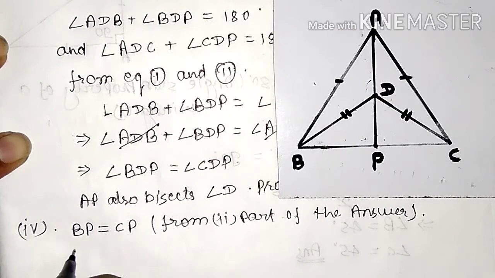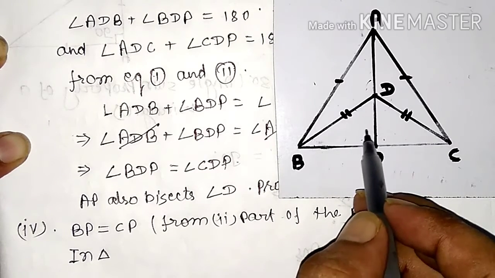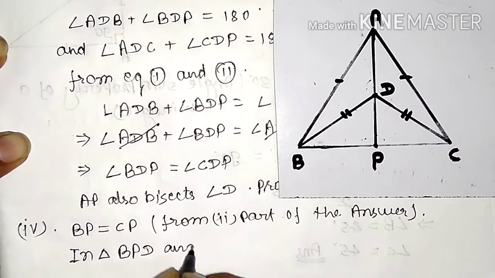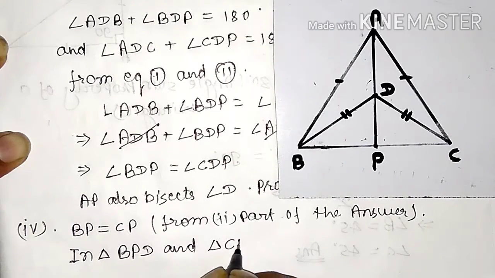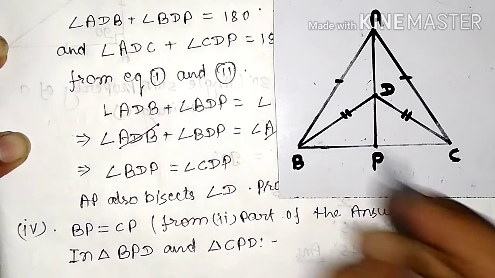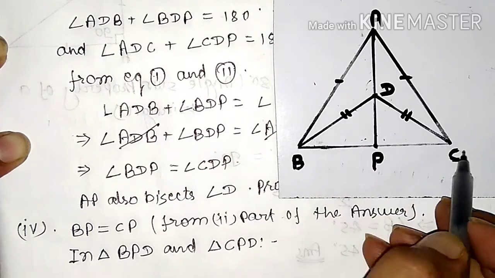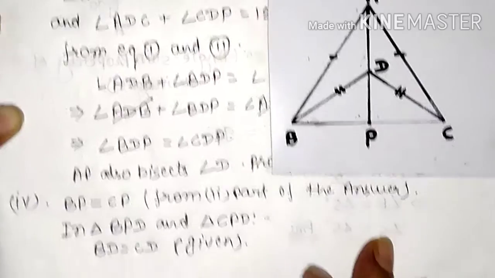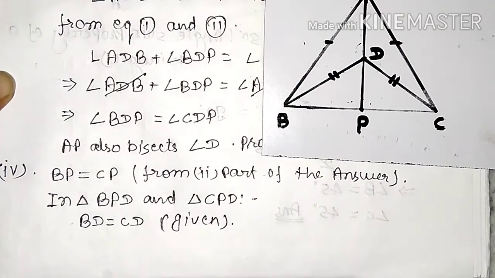Now in triangle BPD and triangle CPD, BD is equal to CD, given.